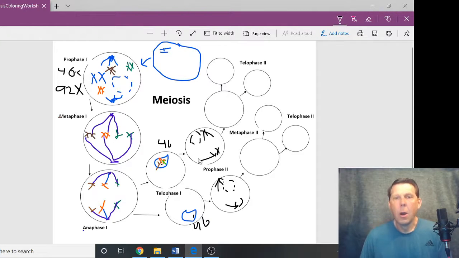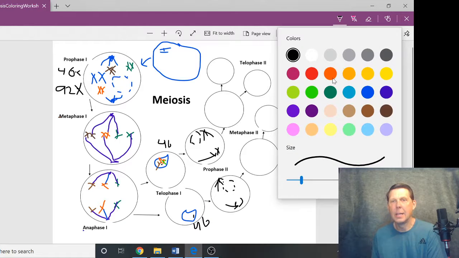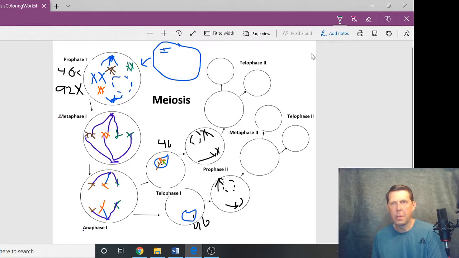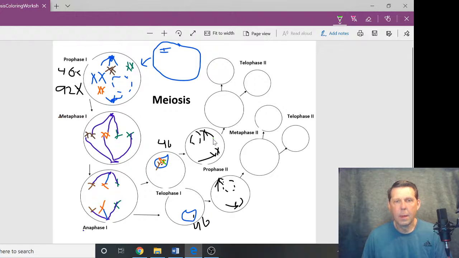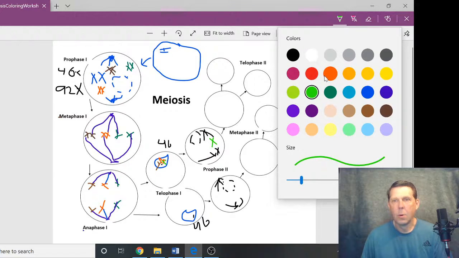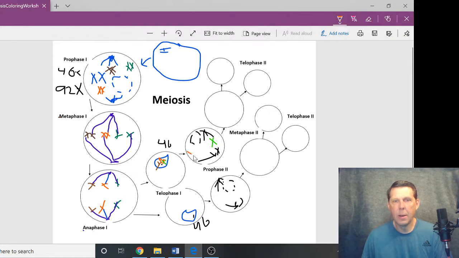All right, now, because the nuclear membrane is breaking down, our chromatid, our chromosomes, can start to ooze out into the cytoplasm. So we'll get our green guy out here. Orange guy's out, playing around.